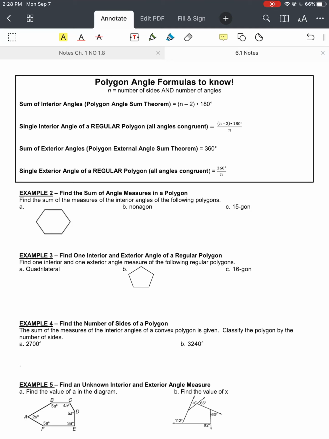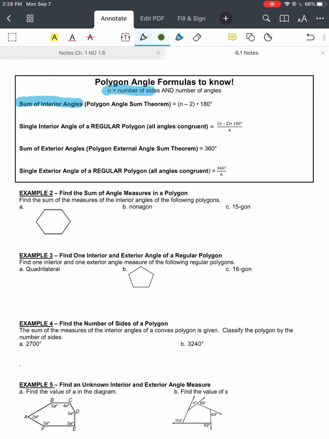Now, what about doing some math related to polygons? So here are lots of polygon angle formulas you need to know. In all of these formulas, n stands for the number of sides, which is the same thing as the number of angles. Triangles have 3 sides and 3 angles, so it works for both. The sum of the interior angles.